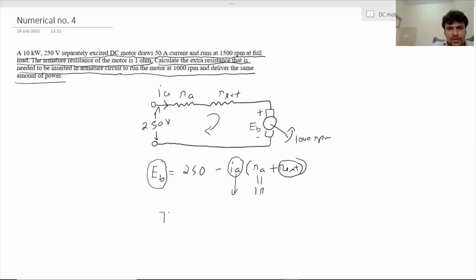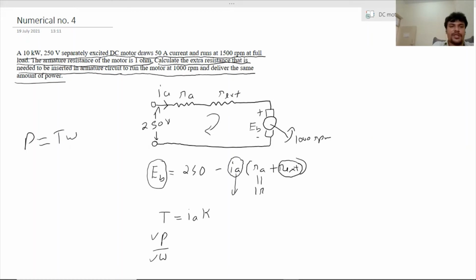So torque is equal to IA into K. Okay, torque is given by what? P by omega. P is the amount of power and omega is the speed. Power is equal to what?